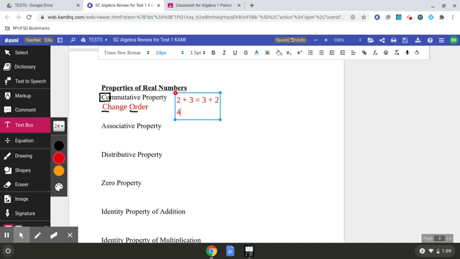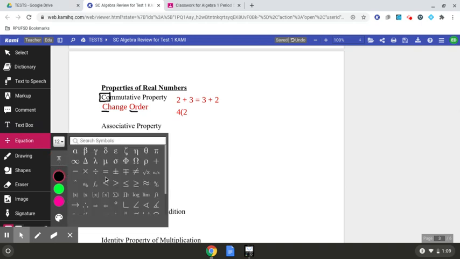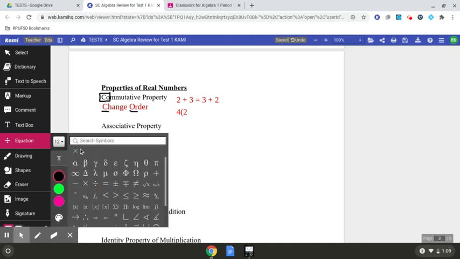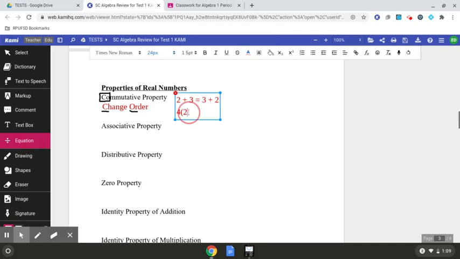Or I could do 4 times 2, and we're going to do times here. All right, we'll use the dot.